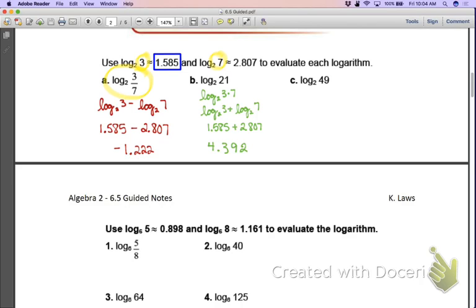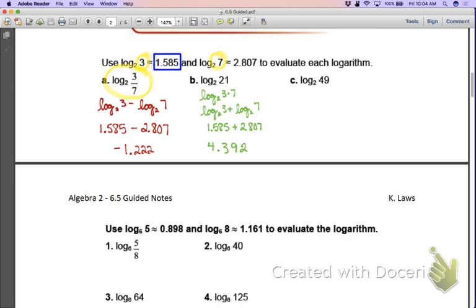Now, same way on C, but I have log base 2 of 49. So, depending on how you want to do this, there's really two different ways you can do this. I have log base 2 of 3, and I have log base 2 of 7. How do I get 49 with the numbers 3 and 7? 7 times 7, or 7 squared, right?